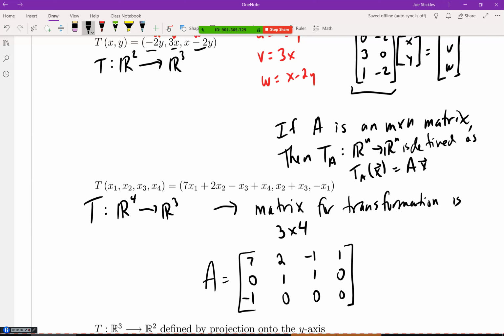And then you can write your transformation as matrix multiplication. So your T of x here will be this A times x1, x2, x3, x4. Question on that one at all?